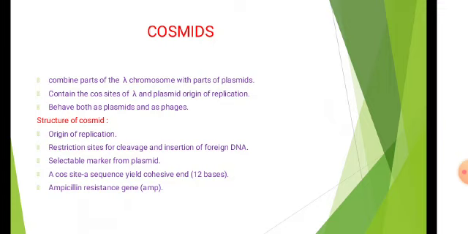The important characters are an origin of replication, and they behave as both plasmids and phages. They have restriction sites for cleavage, that means breaks, and whenever they are cleaved, foreign DNA can be inserted. They also have a suitable selectable marker from plasmids.